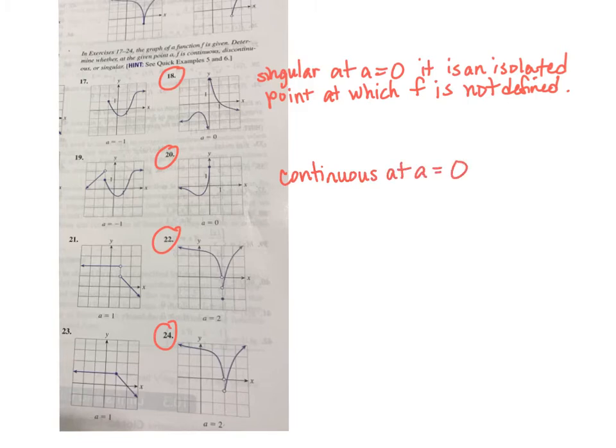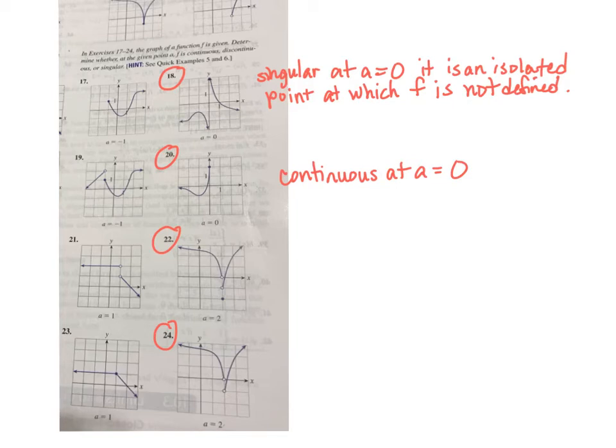Because remember, we say it's continuous if the limit exists. It does exist. And as x approaches 0, that's equal to f of 0. So we're good to go. Okay, we have a continuous function at a equals 0.